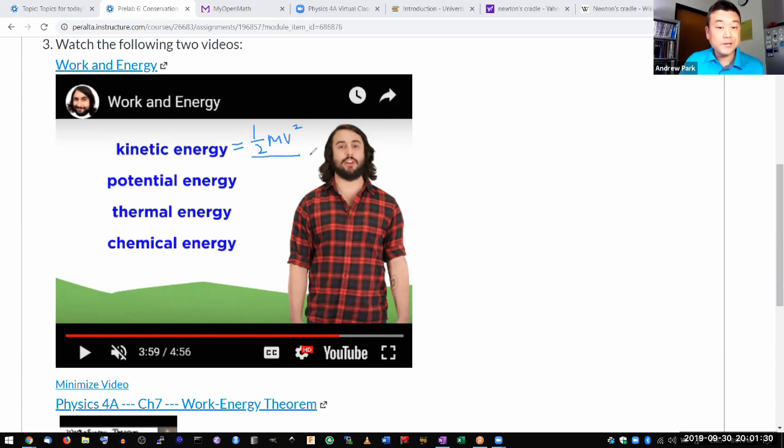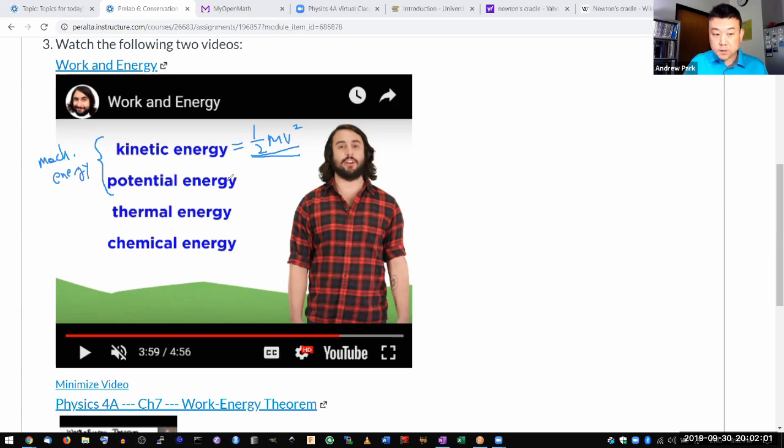The answer is that as things interact in an elastic setup, where mechanical energy is conserved, this expression is the one that's conserved, not mv squared, not m times v, although those will sometimes be conserved. So that's why this is the expression for kinetic energy.